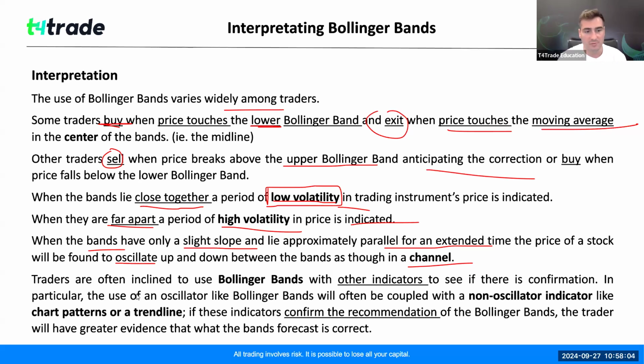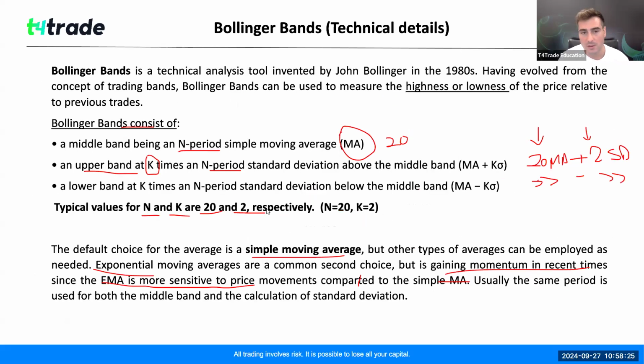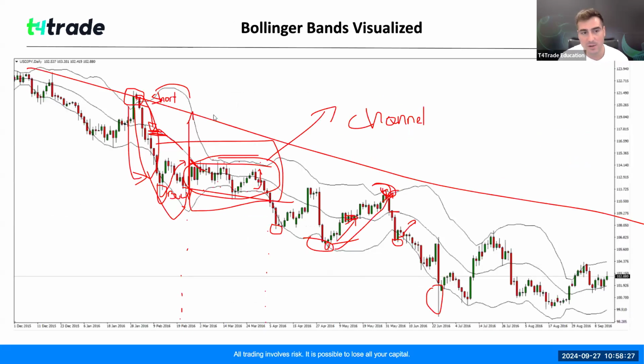Traders are often inclined to use Bollinger Bands with other indicators, as is true for other indicators as well, and we look for confirmation. So an oscillator like Bollinger Bands will often be coupled with a non-oscillator indicator like chart patterns or a trend line. This is my lousy attempt at drawing a trend line, which is downwards.